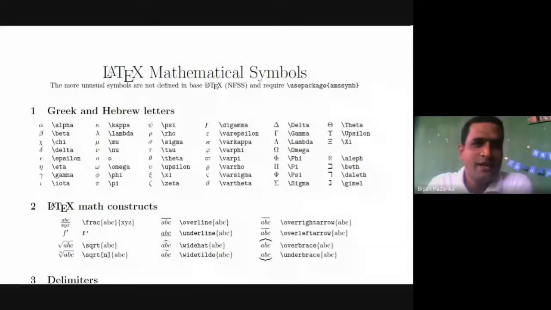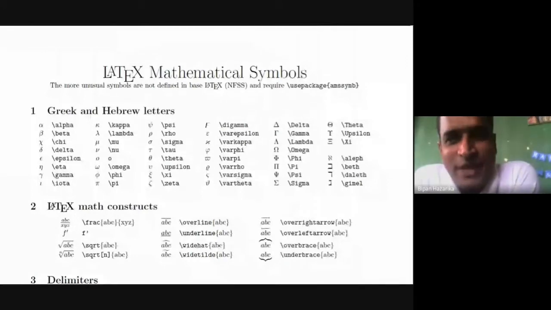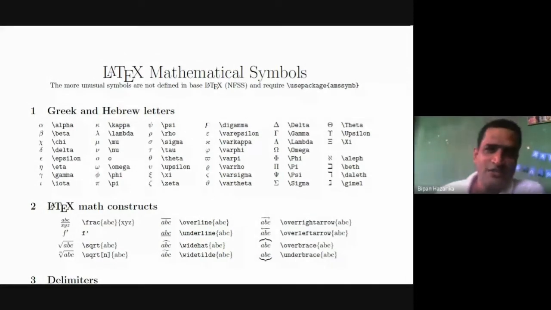Then you see, I tell about how you can create different mathematical symbols in LaTeX. This is a PDF file of different symbols, different mathematical symbols, Greek letters. So number one is Greek letters, say alpha.